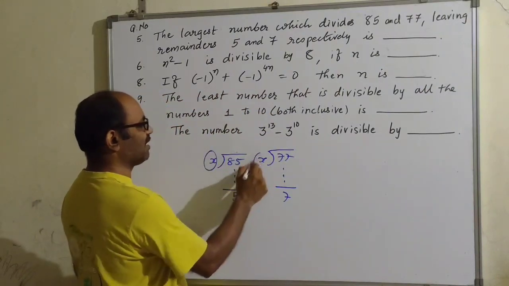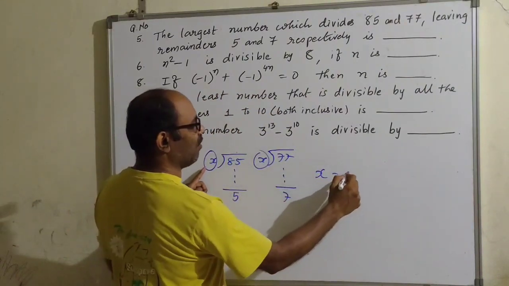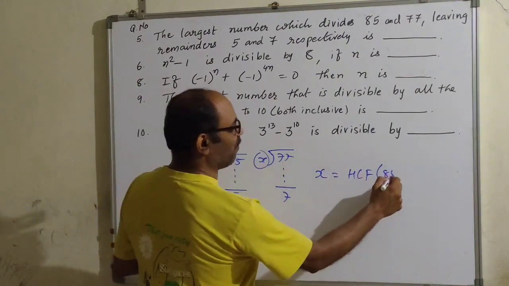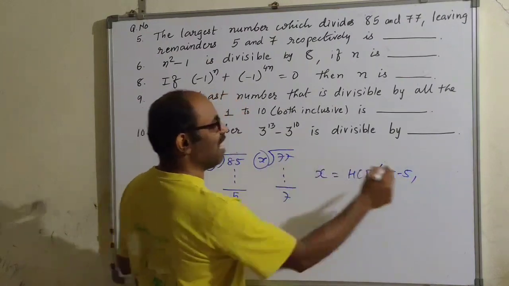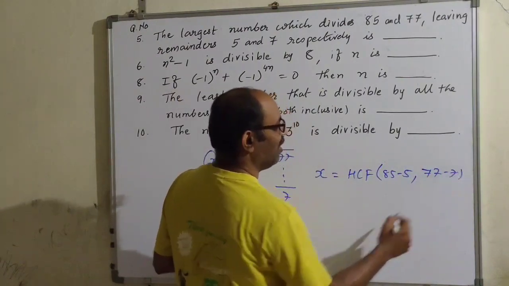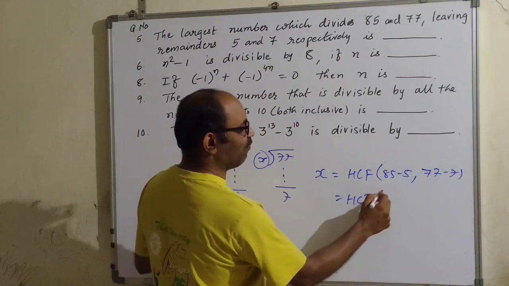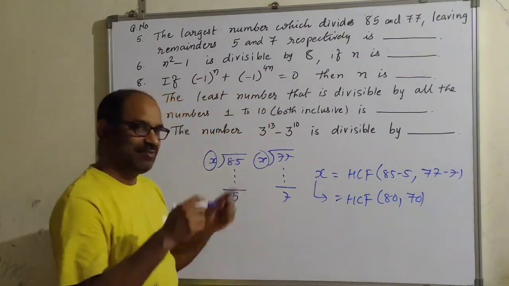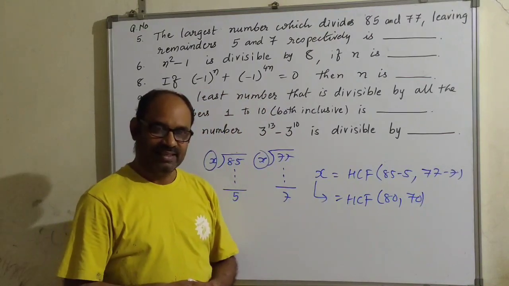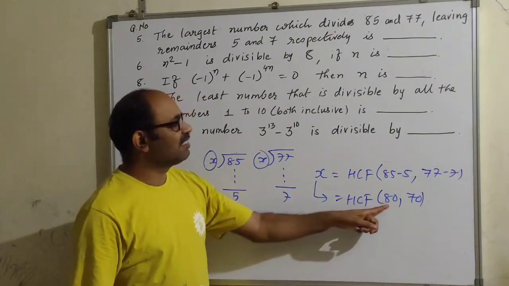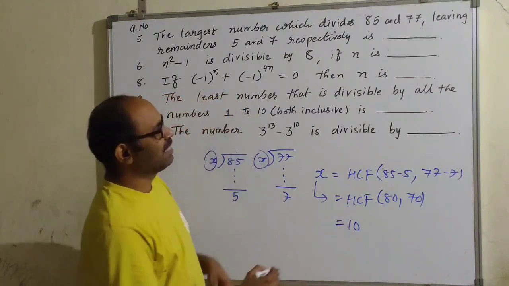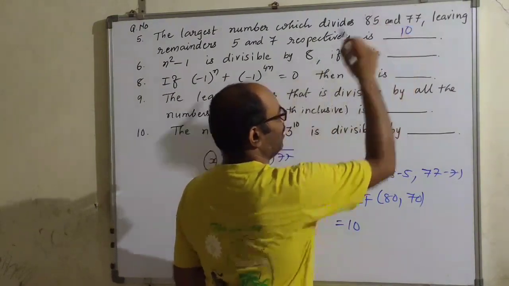That x is equal to the HCF of 85 minus 5 and 77 minus 7. Am I right? So that is the HCF of 80 and 70. So you may write directly. When it is a 1 mark question, you can use this hint. Clear? And what is the HCF of 80 and 70? It is 10. So that biggest number is 10.